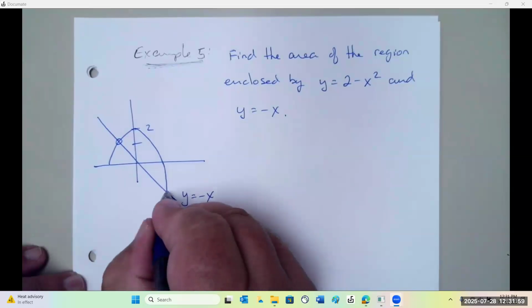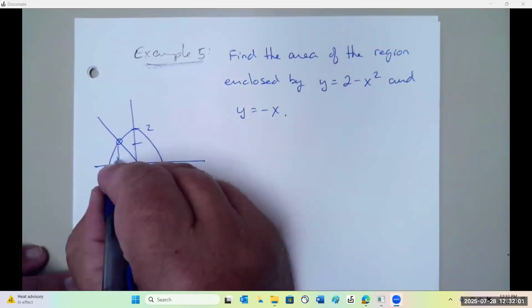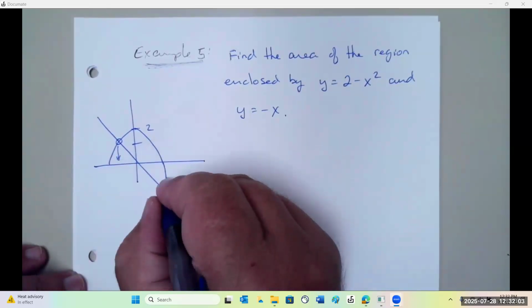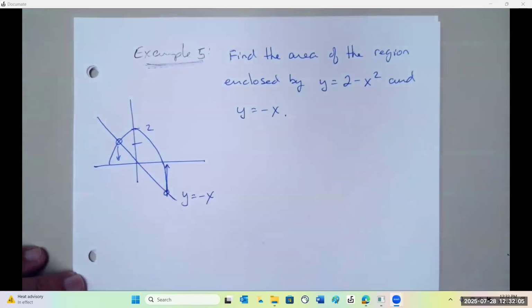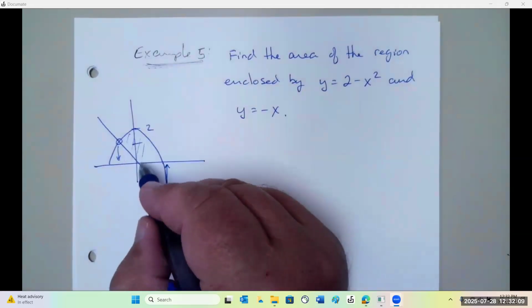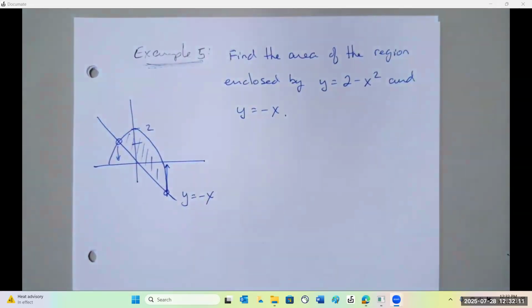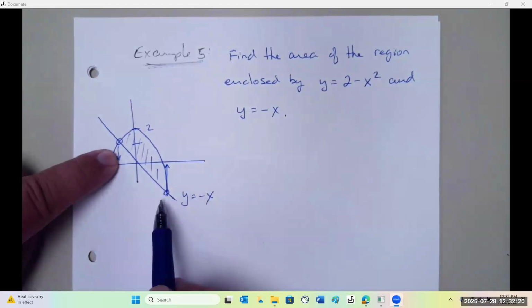What we need to find are the x values of where these functions intersect, because it wants us to find the area between those two. How do we find that area? How do we find these points?